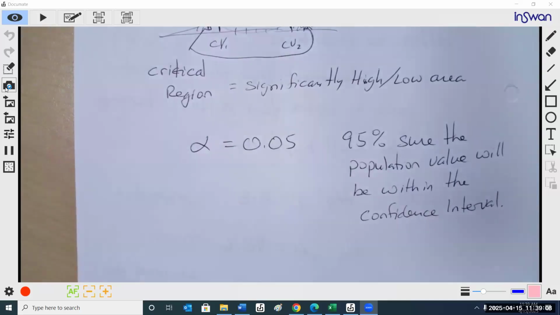Oh, that's an old word from the past. What's a confidence interval? How do we find the confidence interval?